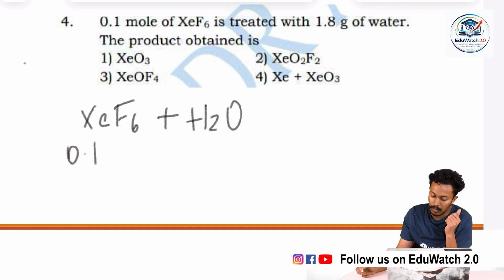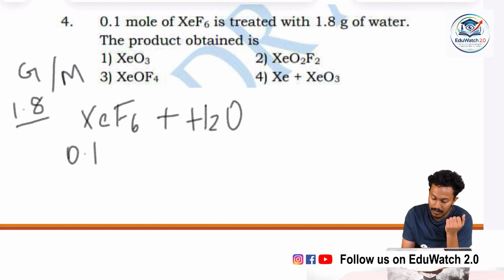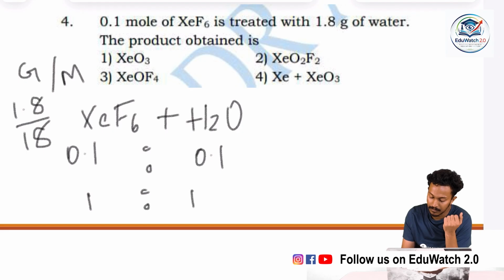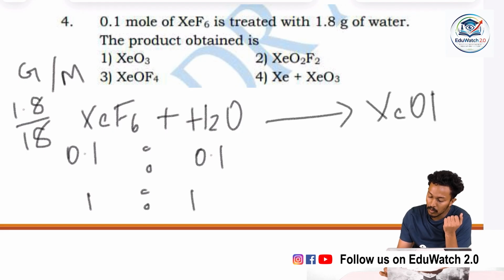The number of moles of water is given mass divided by molecular mass: 1.8 divided by 18, which is 0.1. We know that the ratio between the reactants is 1:1, so the product would be XeOF4.